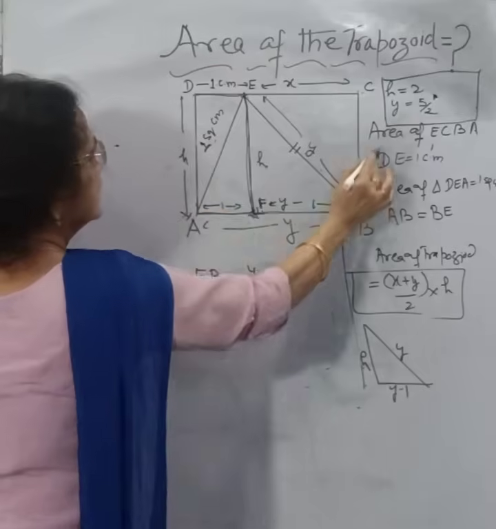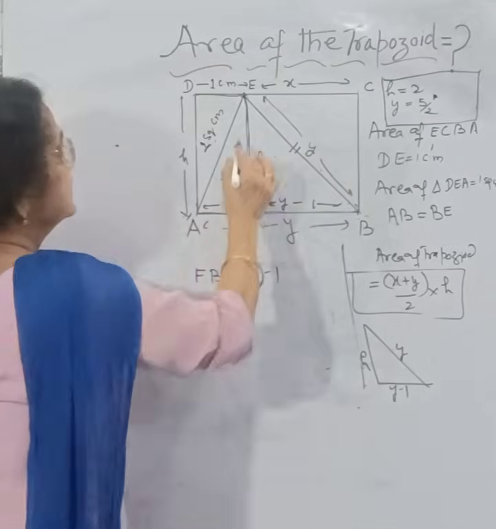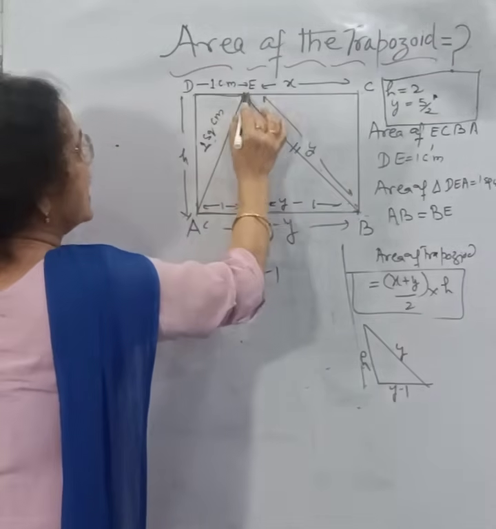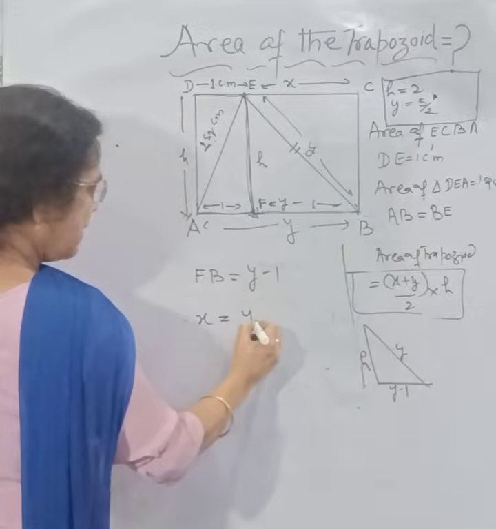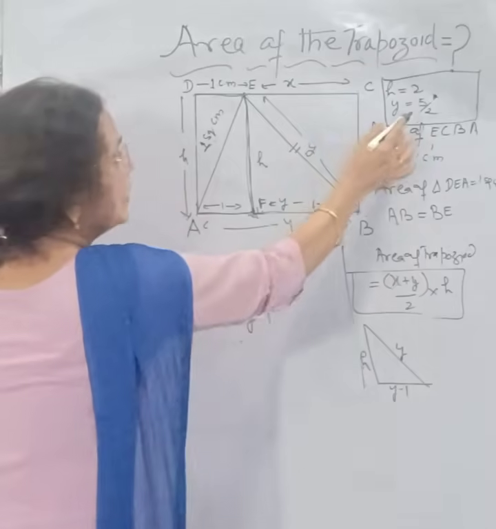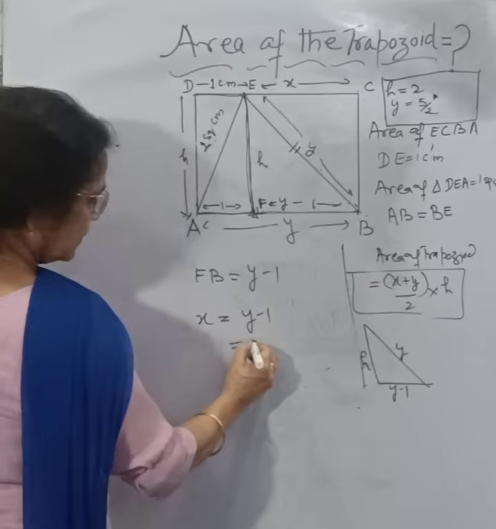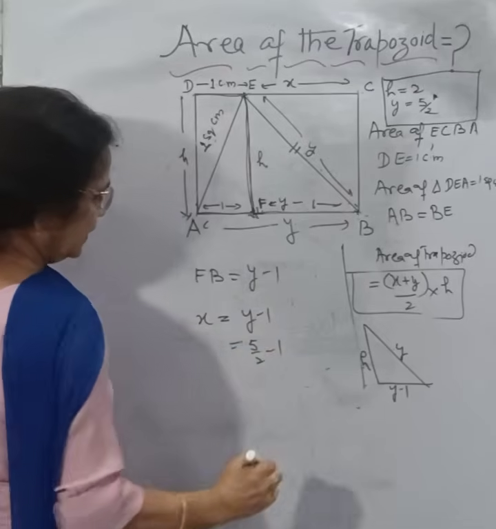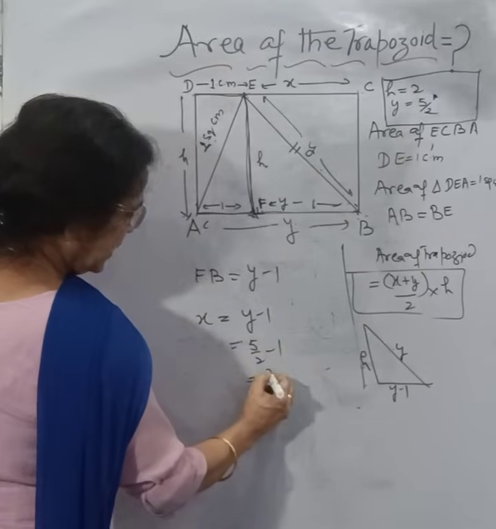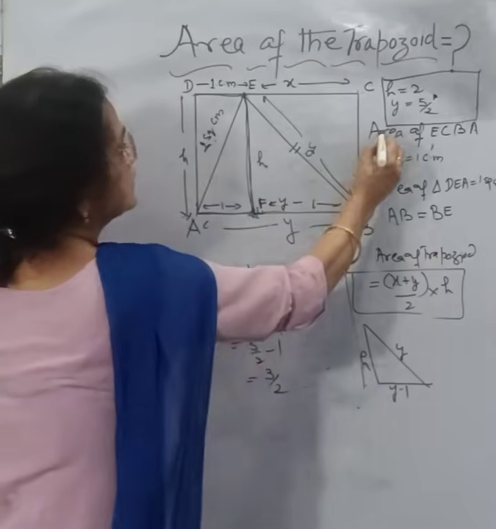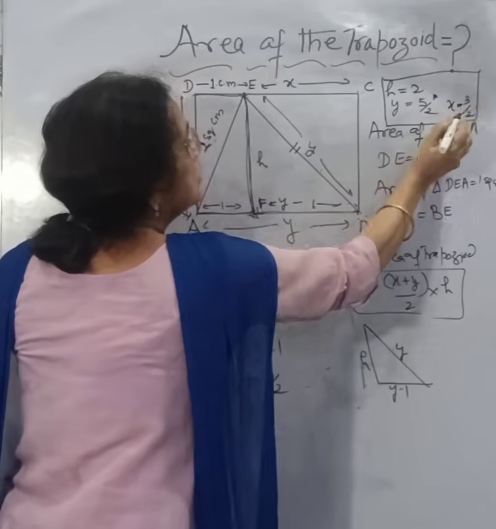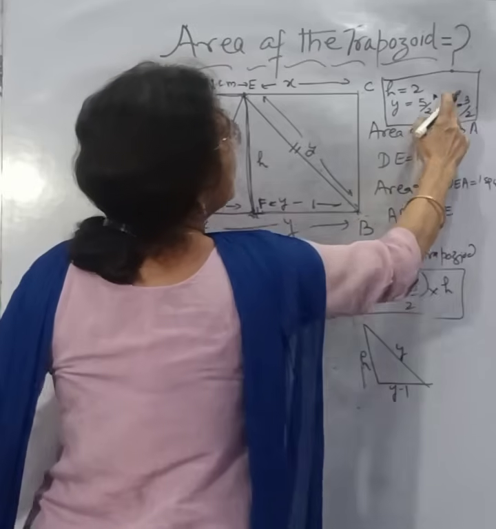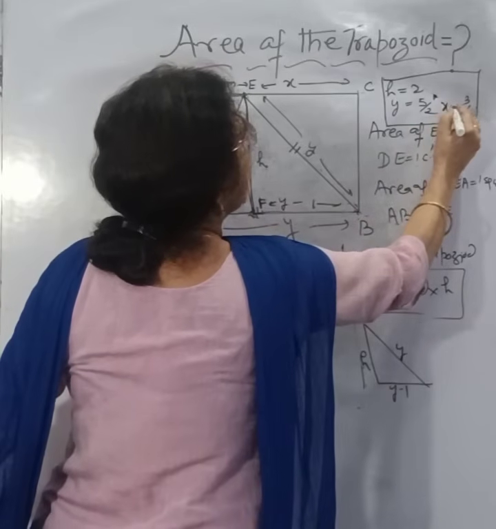This is a rectangle, so this line will be minus 1. So x is equal to y minus 1, and the value of y is 5 by 2 minus 1, that is 3 by 2. It means x is equal to 3 by 2. All the three values we have obtained.